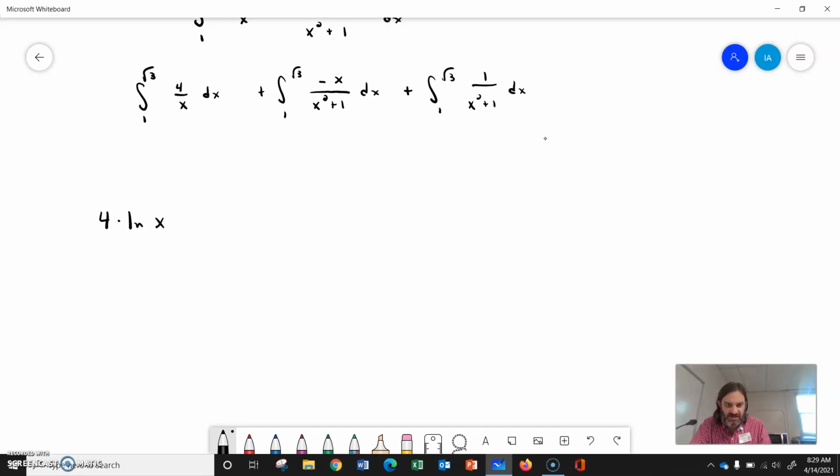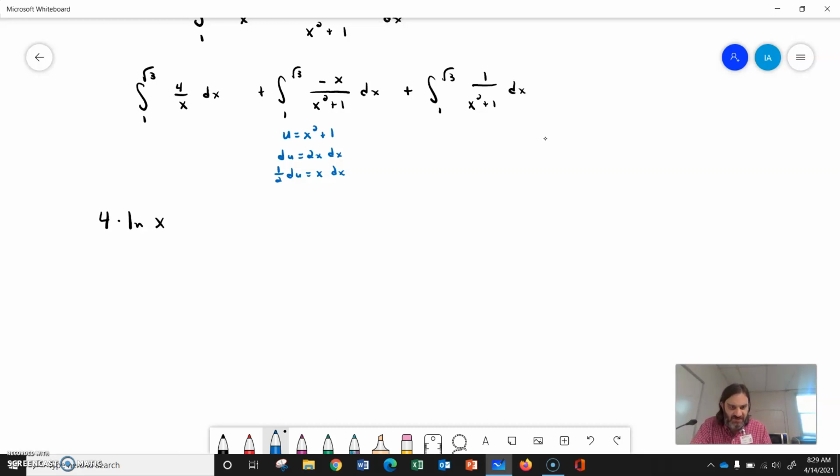The next one here, where we have negative x over x squared plus 1, we can use a u substitution. We can let u equal x squared plus 1. The du equals 2x dx, so 1/2 du equals x dx.